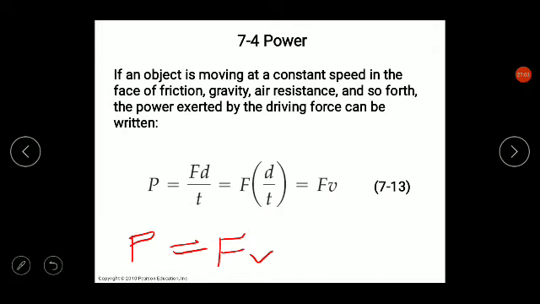Meaning to say that the faster you move, the more powerful you would be. So if a car moves very, very fast, then you have very, very high power also. If you move at infinite velocity, then you also have infinite power.